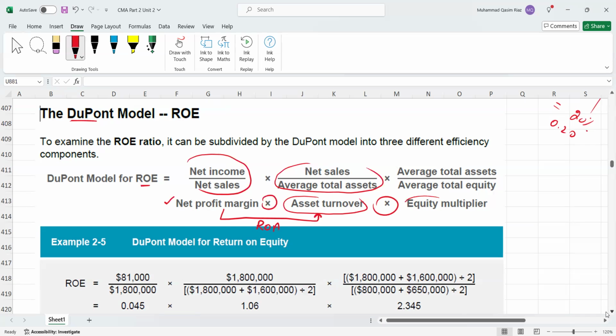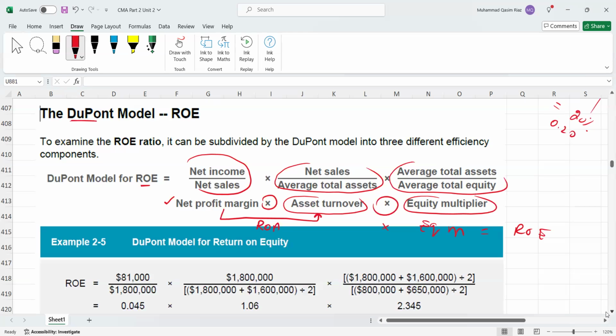With the third component, which is called equity multiplier. So what is equity multiplier? This is the formula for equity multiplier. Look at the formula and then I'll interpret. If you multiply return on asset with the equity multiplier, this will give you return on equity. Okay.